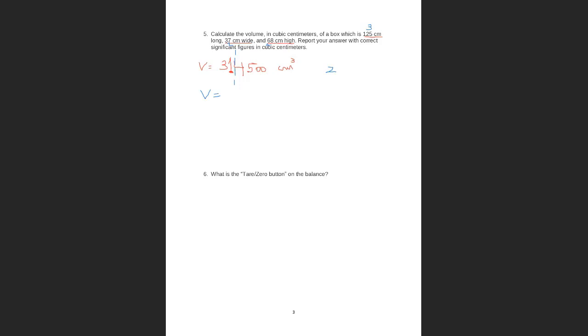So because this is a 4, we don't have to round up. So we are going to keep, instead of each number, we are going to add 4 zeros. 1, 2, 3, 4 cubic centimeters. And that will be the answer. Does it make sense? Yes.